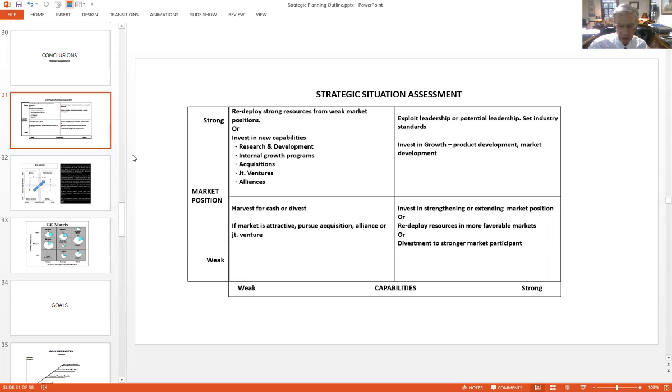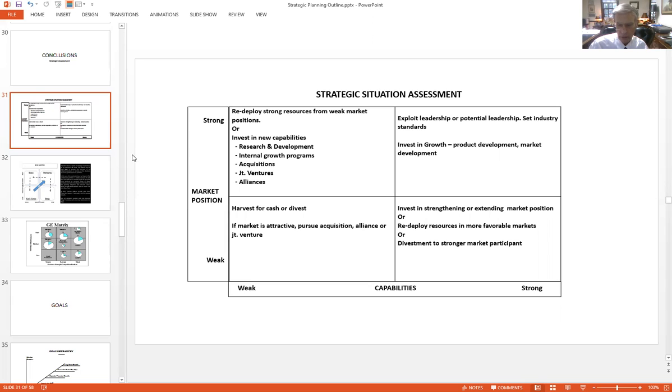And basically this is what strategic planning is all about: rationalizing internal capabilities to the external environment, finding out where we have the capability to exploit favorable market conditions or industry conditions or economic conditions, and because of our capabilities.